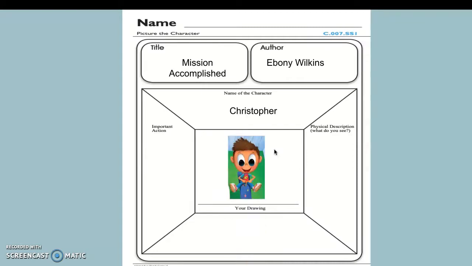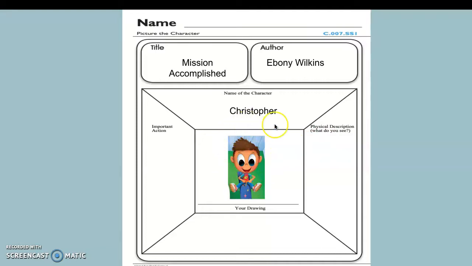There's Christopher. Now that we have a picture of Christopher, let's go ahead and let's add his physical description. So what does he look like on the outside? What do you notice about Christopher on the outside? Yes, I see that too.